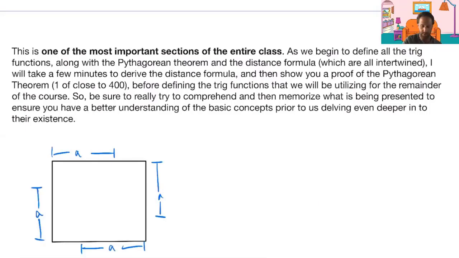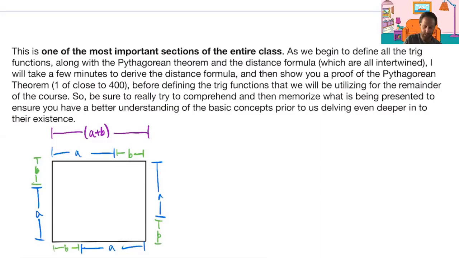Next, I'm going to do another length of length B for every other length of that square. And so now we know we have a distance of A plus B. And hopefully you remember that with every single one of these sides being the same, we can find the area inside. All of this space, this area inside, is simply the length times the width, or a side times a side.